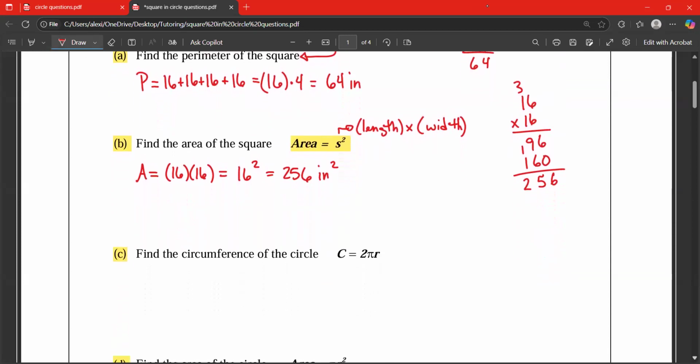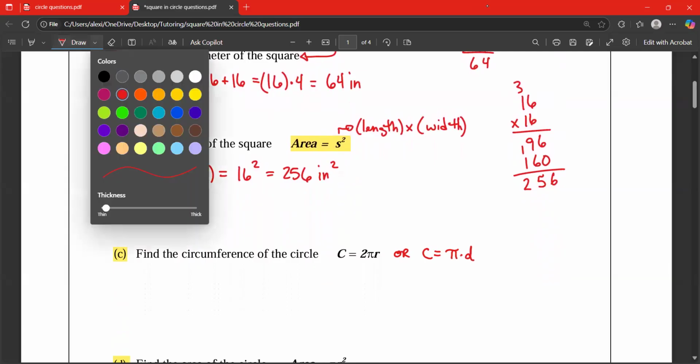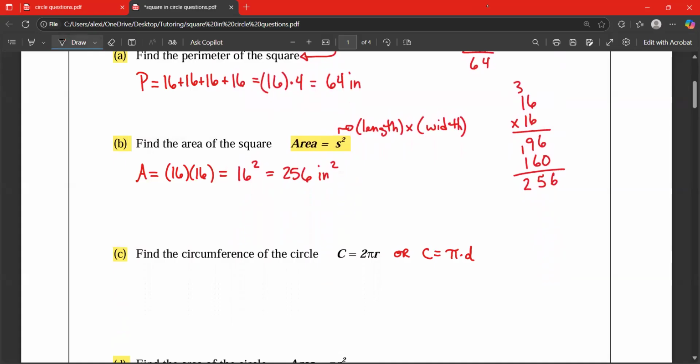They now want the circumference of the circle. Well, they're telling us we can use the formula circumference equals 2 pi times radius, but we also know that we can use circumference equals pi times diameter. So let's just go ahead and rewrite our key pieces real quick. We found that diameter was 16 inches and radius was 8 inches.